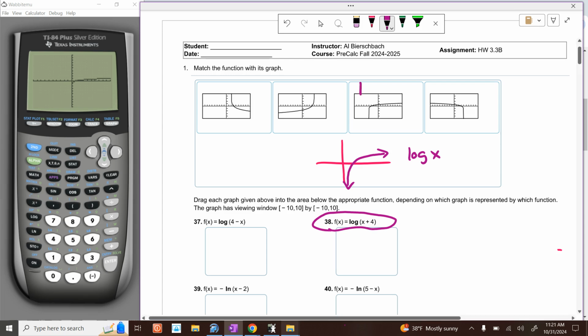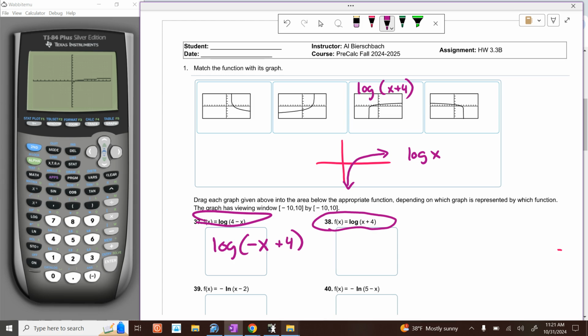So this is the log of x plus 4. Now, 4 minus x is the same as the log of negative x plus 4. Negative x plus 4. That's important that we switch this around so you can understand the logic of what's going on here.